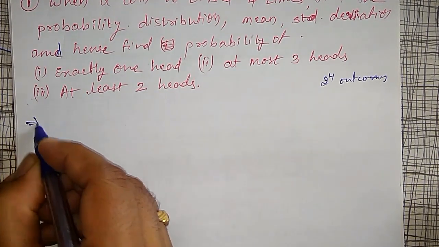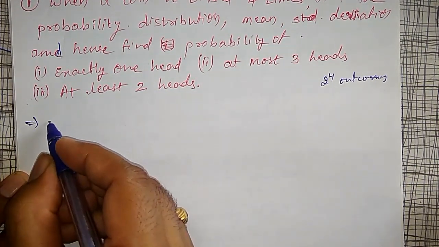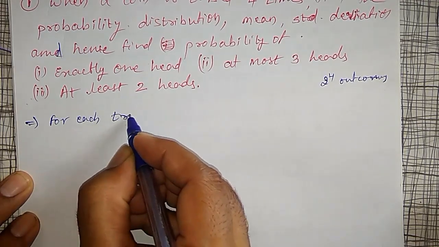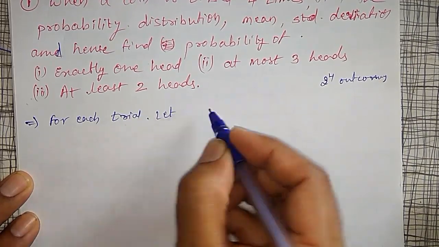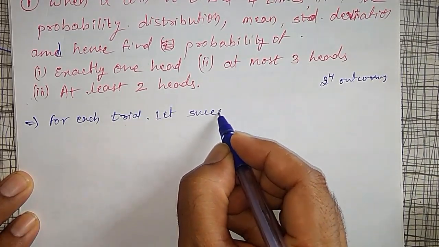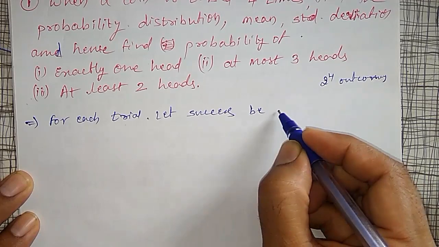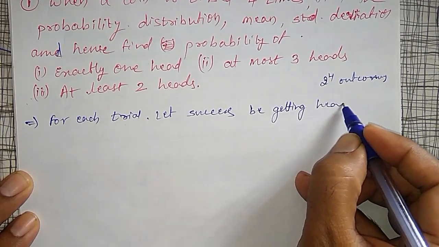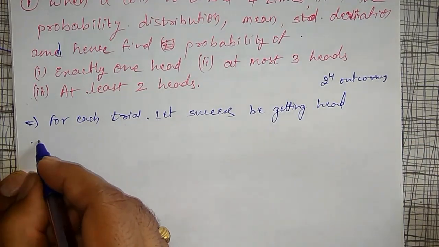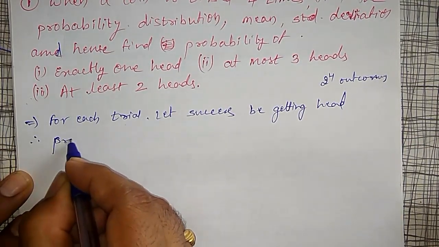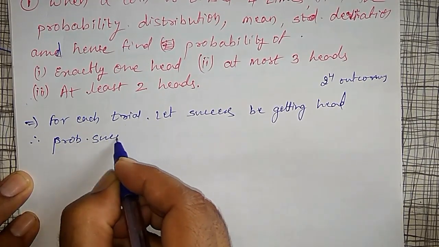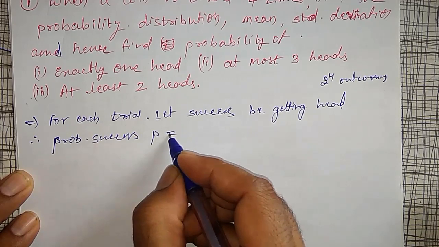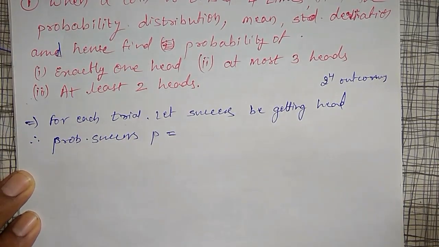Okay, here for each trial, let success be getting a head. Then the probability of success, small p, is equal to, only 2 possibilities are there, head or tail.